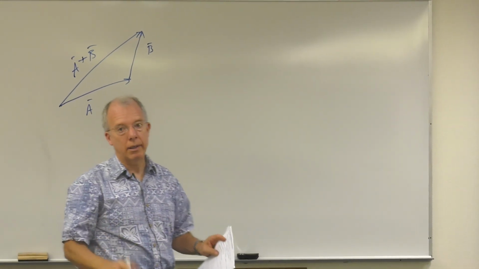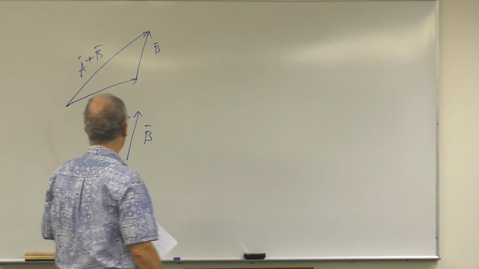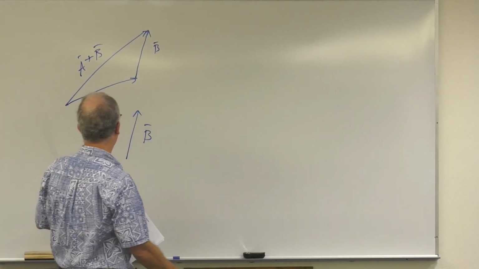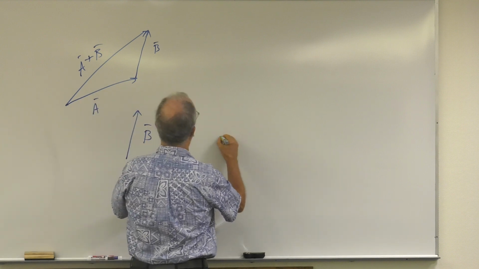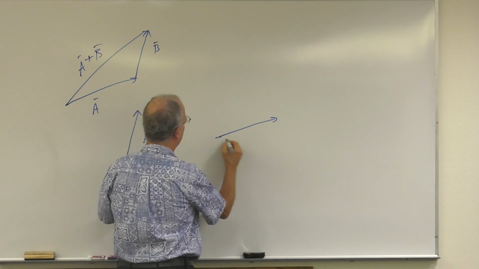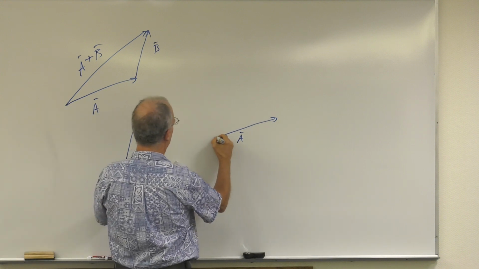Now there's another way to add vectors, and it's called the parallelogram method. Let me show you. Let's do the same thing. Let's do A plus B with this new method. So here's A, sort of. Right? Now instead of doing head to tail, we'll put B right here.